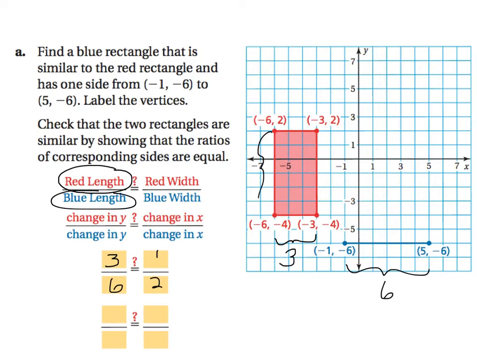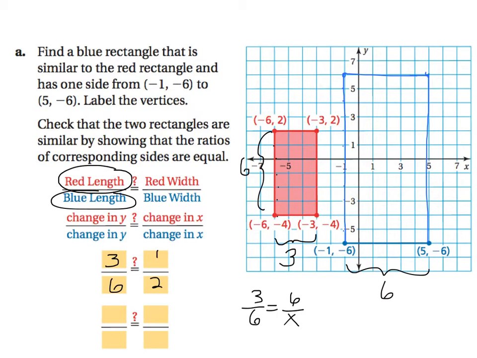Well, this length is 1, 2, 3, 4, 5, 6. So what would the length of the big rectangle be? Well, if it's a half, it's going to be 12, and you know that. So 12. 1, 2, 3, 4, 5, 6, 7, 8, 9, 10, 11, 12. And if we make our rectangle, it looks like that.